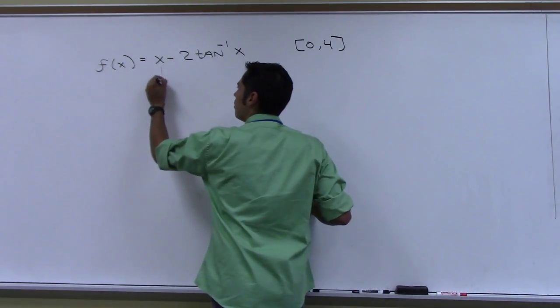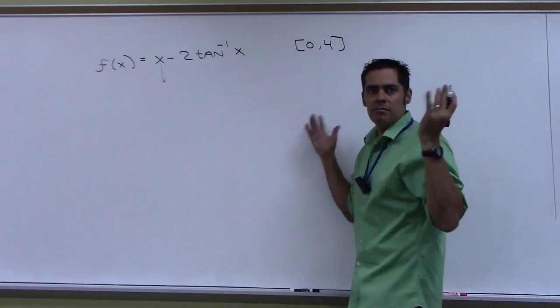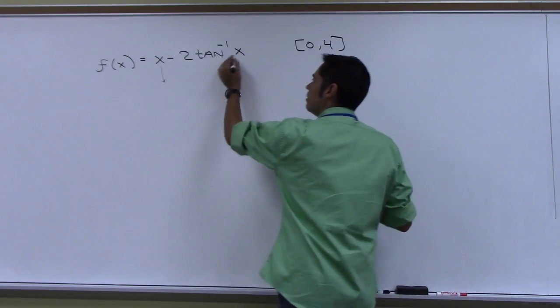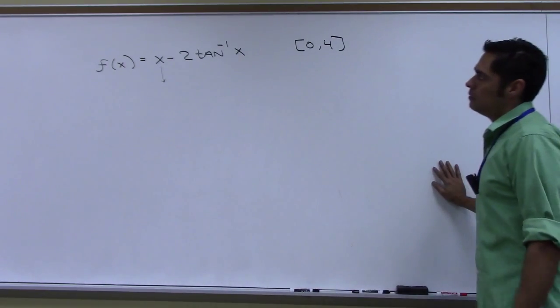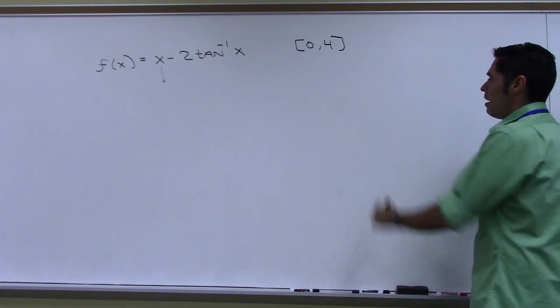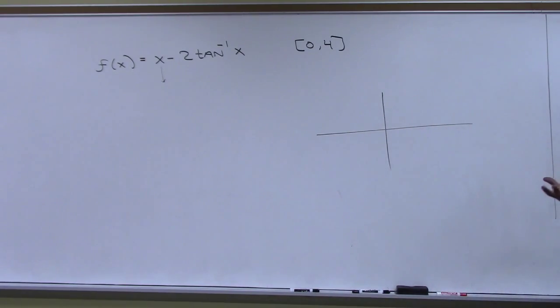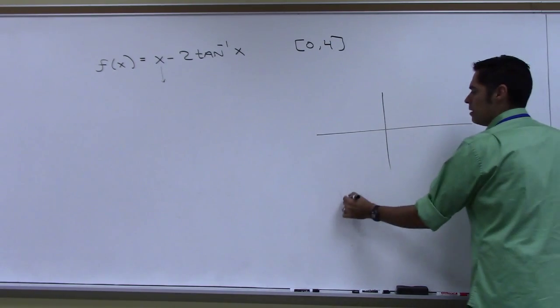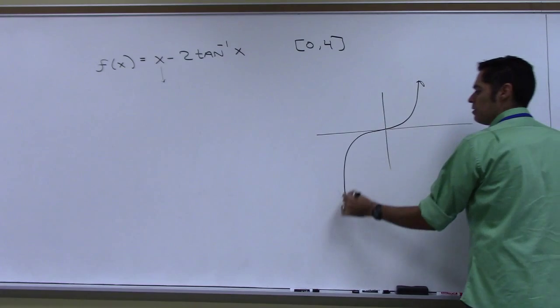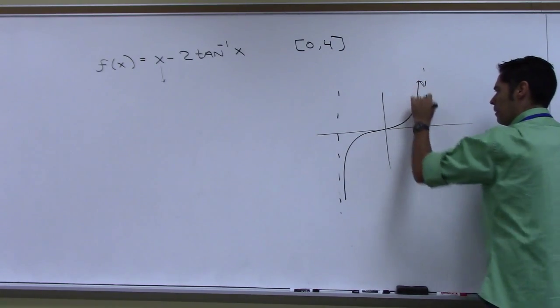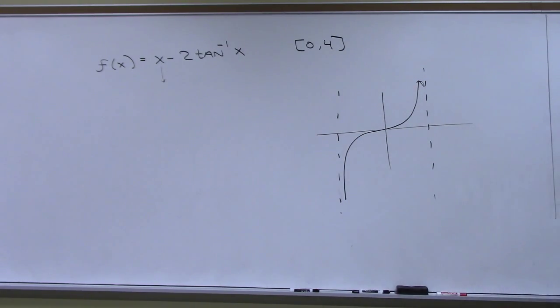Well, x, you can plug anything into x, right? That's arctangent. So there's a couple of ways you can do this. I would recommend that you go back and remember what arctangent looked like. I mean, tangent looks like this, right? That's what the tangent function looked like. So what does arctangent look like?